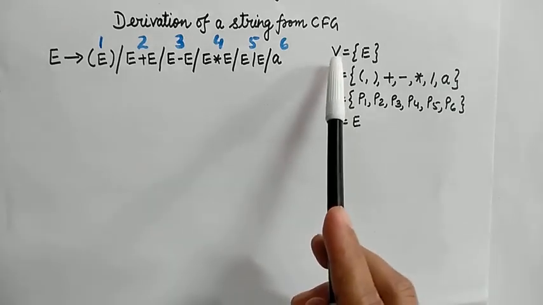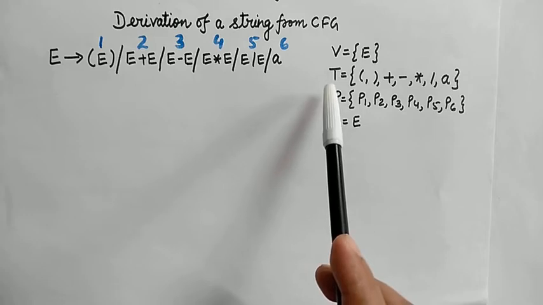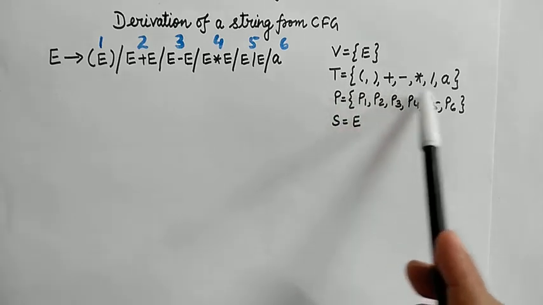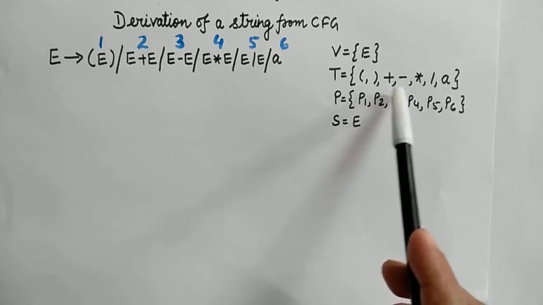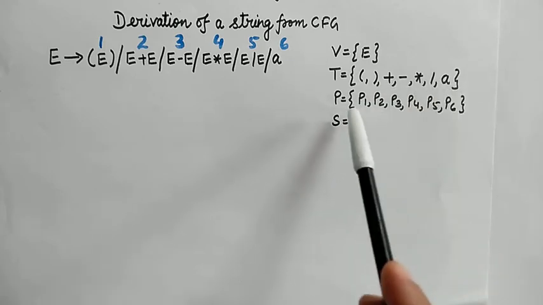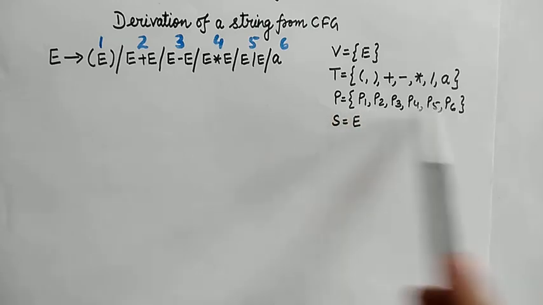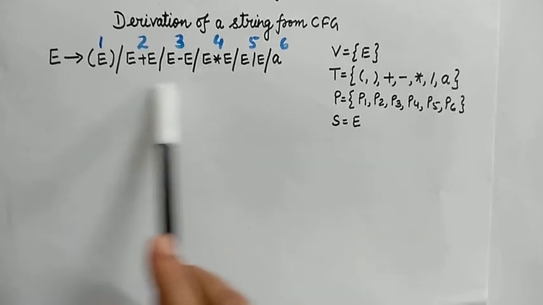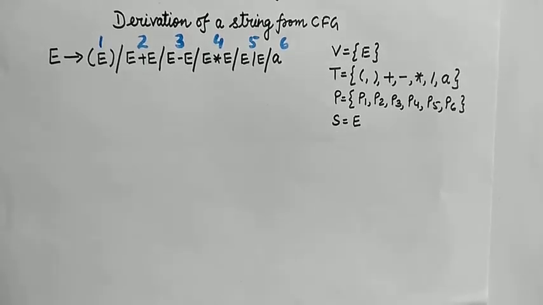The set of variables has only one variable, which is E. The set of terminals has the left round bracket, the right round bracket, plus, minus, asterisk, division and a. And P is the set of production rules; there are 6 production rules here, and the start variable is E itself.